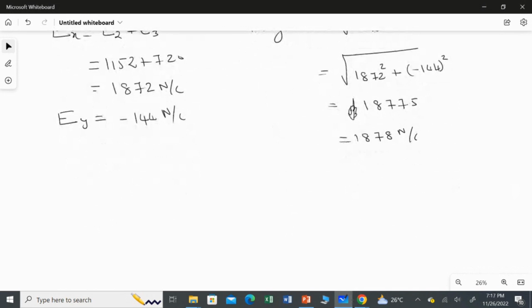Now you can easily find what is its direction also. So theta equals tan inverse of y over x. What is your y? Y is minus 144 and your x value is 1872.